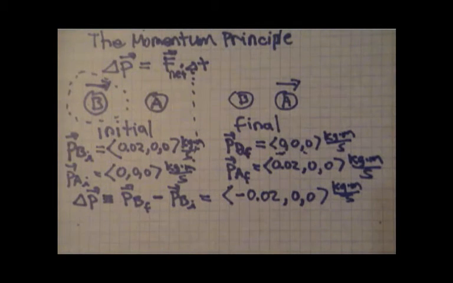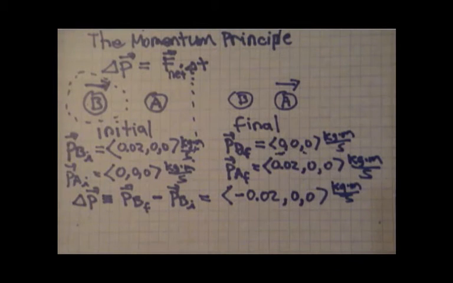Now, in this case, there's not too much more we can say because we don't have any direct information about delta t or F net independently. We don't have a way of knowing how long this force acts.